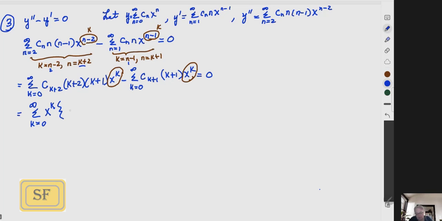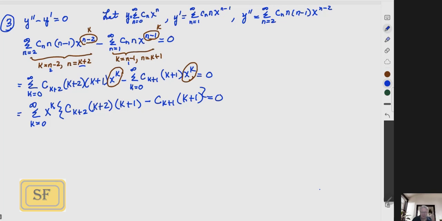And when I factor that x to the k out, I have c sub k plus 2 times k plus 2 times k plus 1 minus c sub k plus 1 times k plus 1. And that's equal to 0. Let me close my brace.